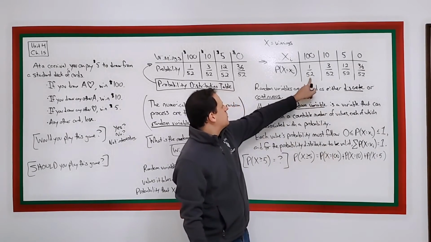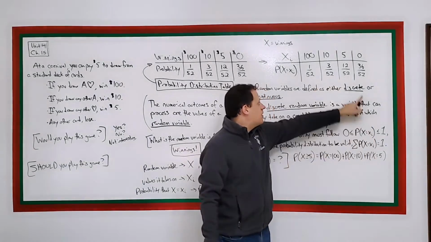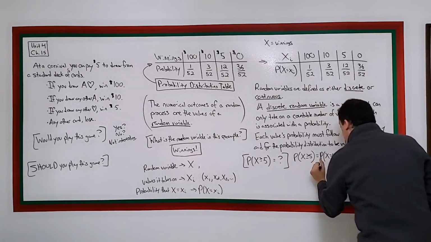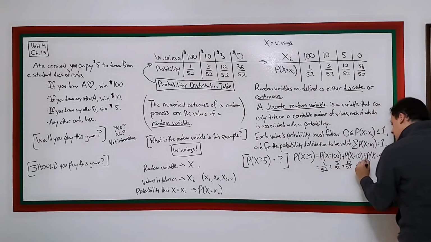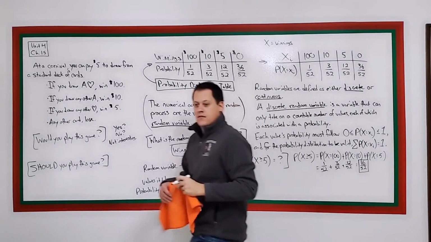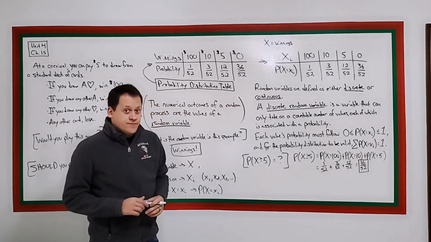The probability that x is equal to 100 plus the probability that x is 10 plus the probability that x is 5. Now we can just substitute in those probabilities and we get 16 over 52. That's one way to do it.